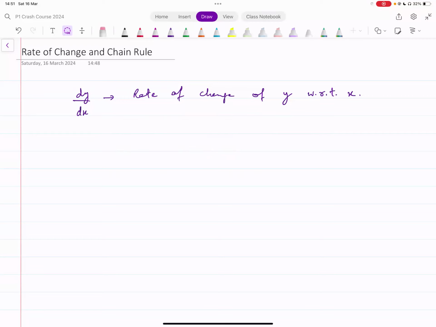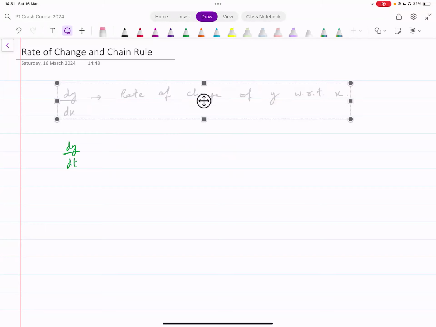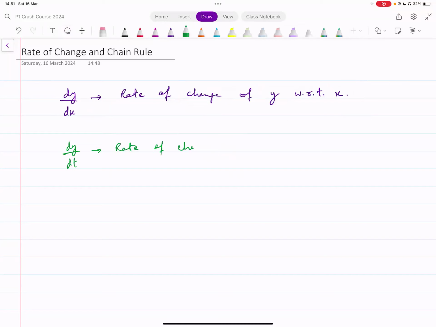Now, we won't always have y and x. We could have some other variables as well. For instance, if you have dy over dt, what does that mean? Using the same logic, we can say this means the rate of change of y with respect to t.